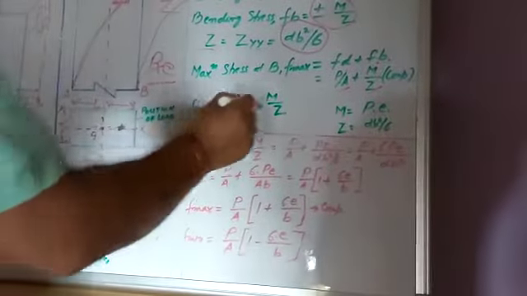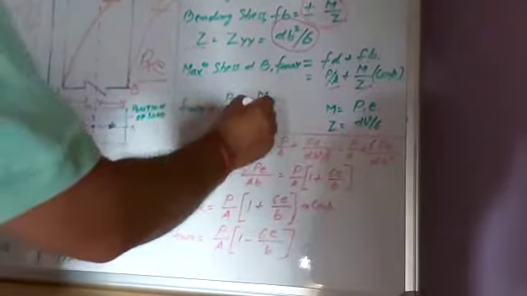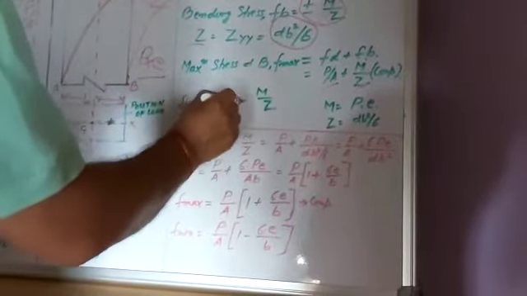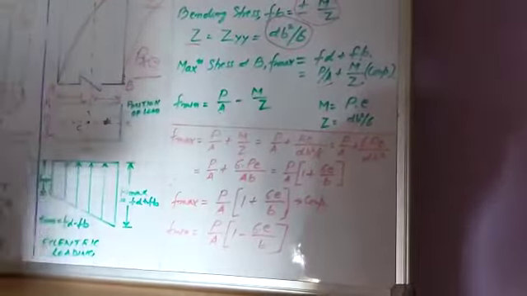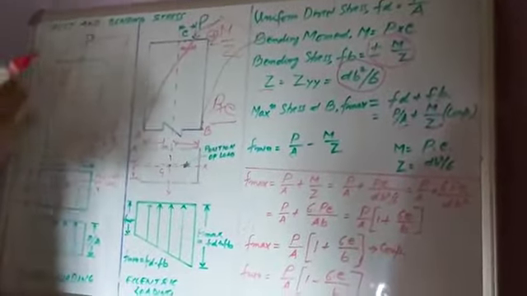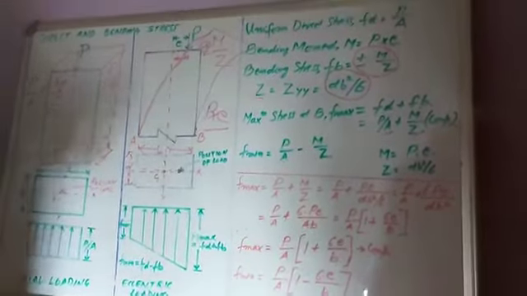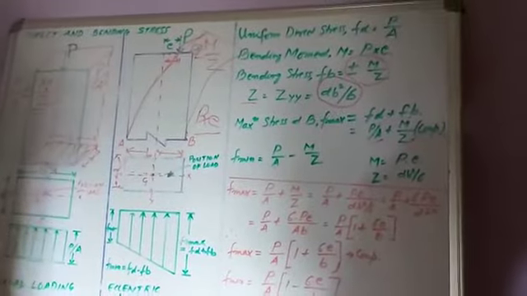But if the value of bending stress is more than the value of the direct stress, we get a negative value. That indicates there will be tensile stress on this edge A. So what is the combined stress? The resultant stress is P by A plus minus M by Z.